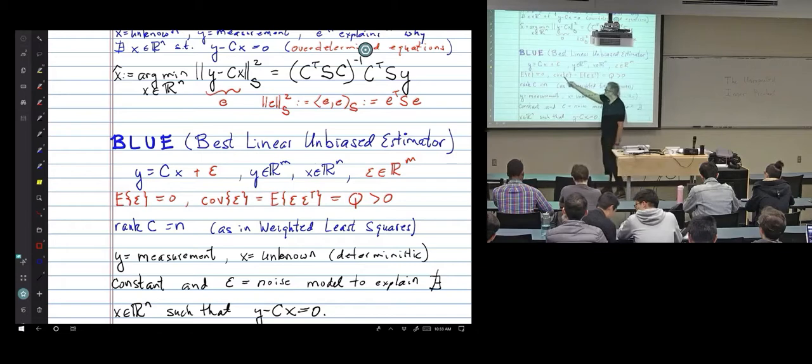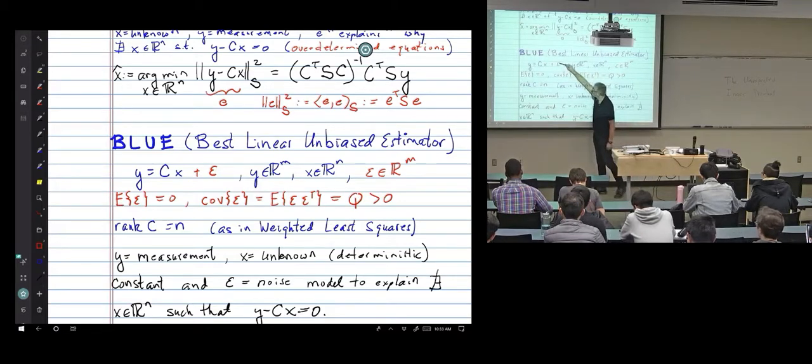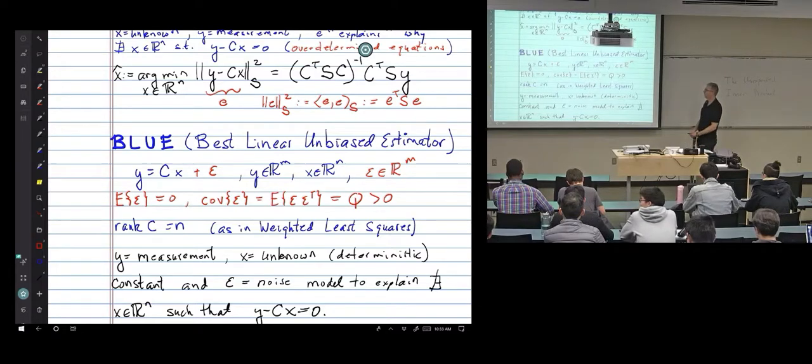And then we introduced something called the covariance, which looks at how various components of this measurement error are related one to the other. And then on the diagonal of this matrix, you have the variance of epsilon 1, epsilon 2, epsilon m. Okay, so we assumed that covariance matrix was positive definite.